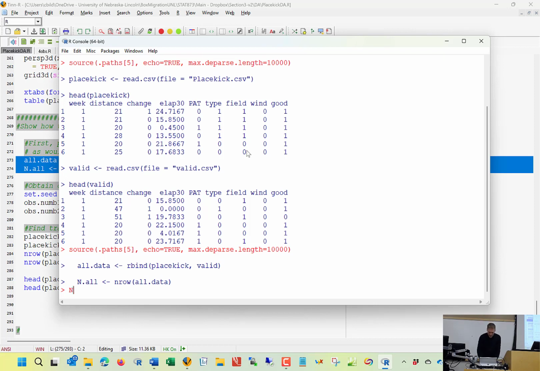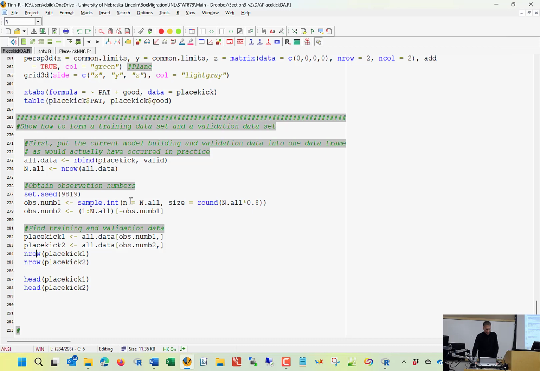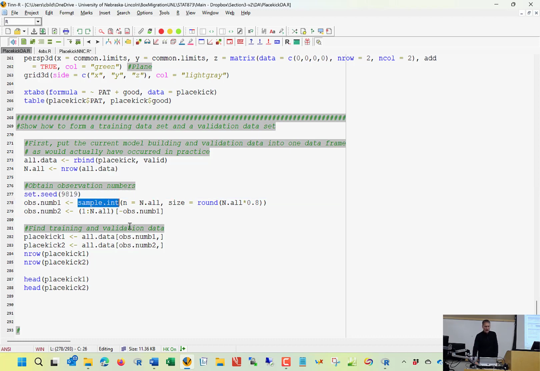The total number of observations then that I have is 1,707. Now that I have that, I'd like to do an 80-20 split. Here's one way. I'm going to do it at random, and so that I can replicate my results, I'm going to set a seed. And I can use a function called sample.int.